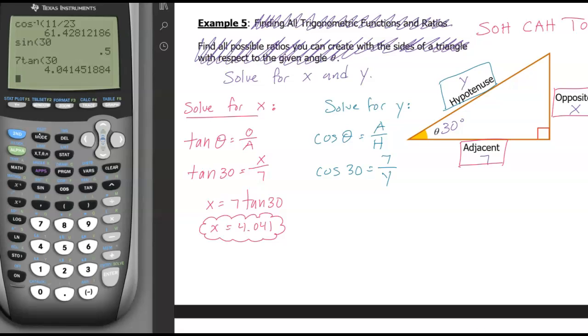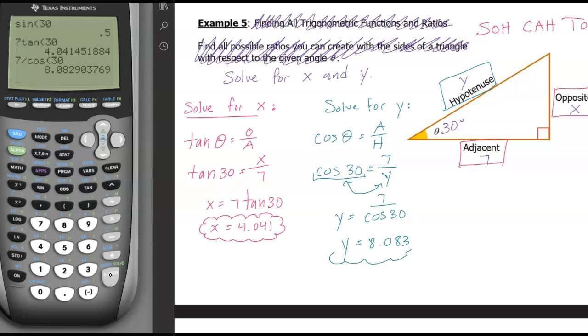Divided by. Good. Whenever you're trying to solve for something in the denominator, I like to think of it as you're switching what it's equal to. So y here is going to equal 7 over cosine 30. And we get 8.083.